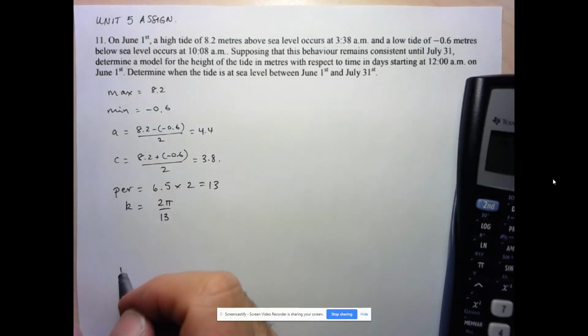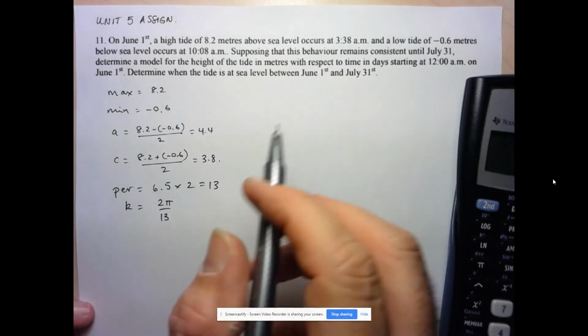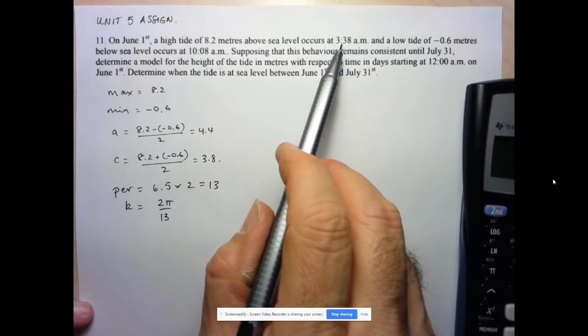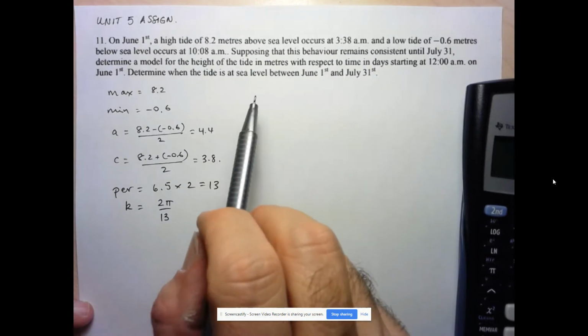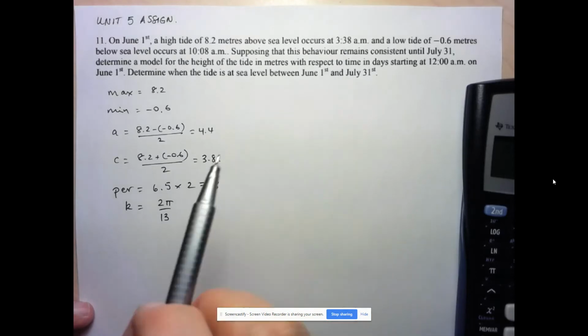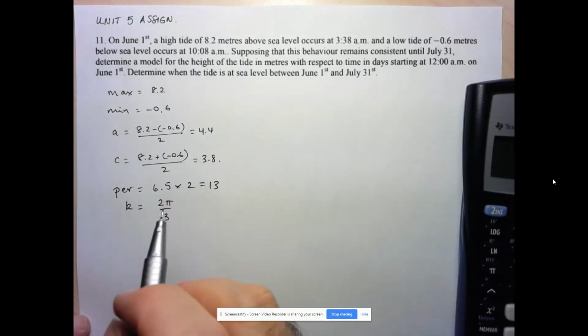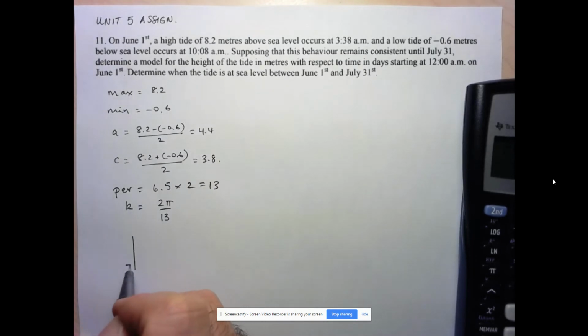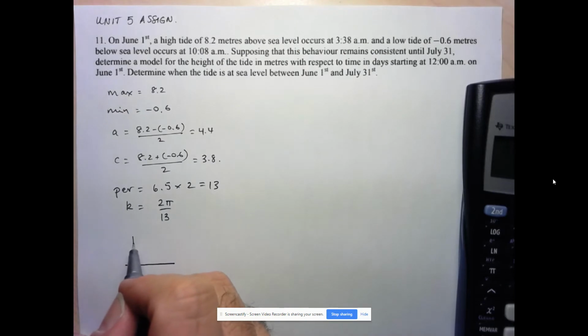All right, now let's figure out what our phase shift is going to need to be. Since I'm starting at 12 a.m. and my maximum occurs at 3:38, I'm going to use the fact that the maximum is at 3:38 and work with a positive cosine function. The trick I use is to start with a function that has its maximum at 0.